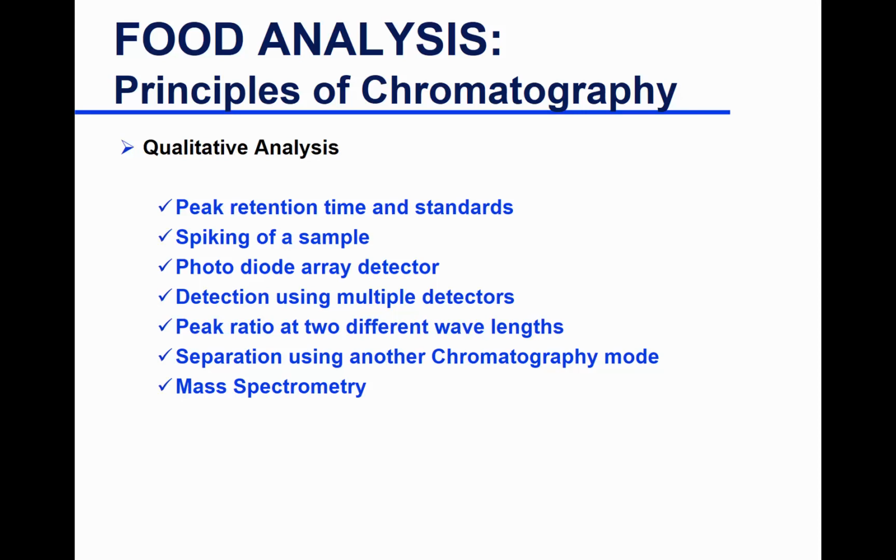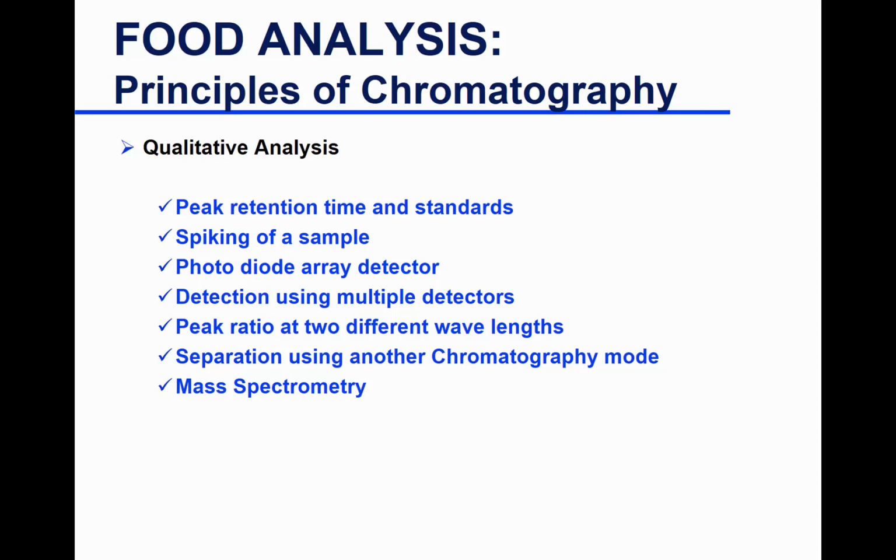I'll talk about the physics of it later, how it works, but now I'll just show you what a spectra is. A spectra is when you plot, let's say in this case, absorption over wavelength. Lambda stands for wavelength in nanometers.